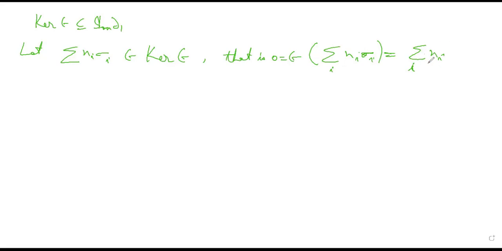So this summation ni is 0. Now these sigma i are singular zero simplices.